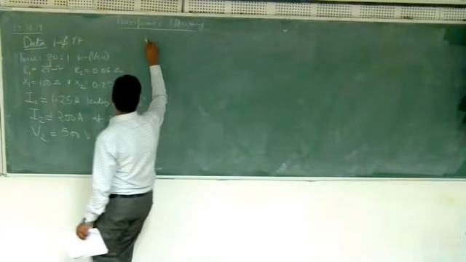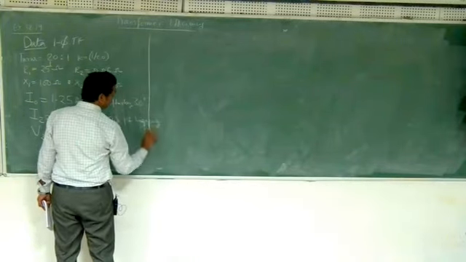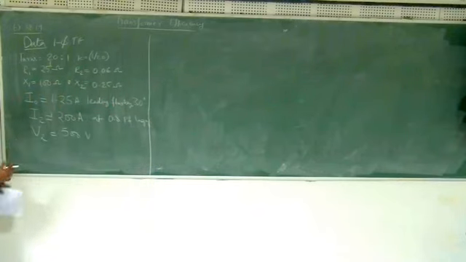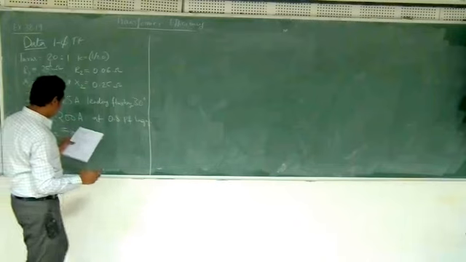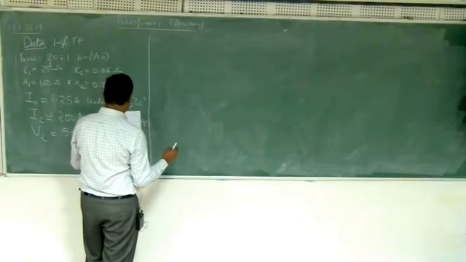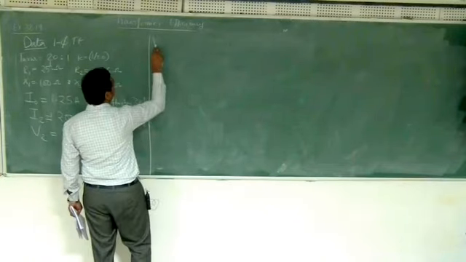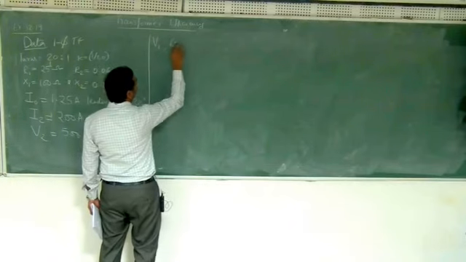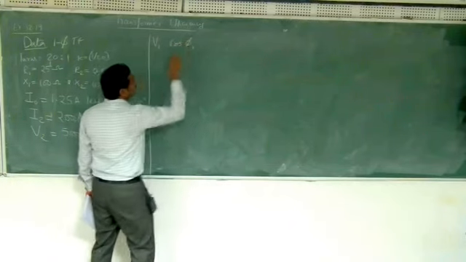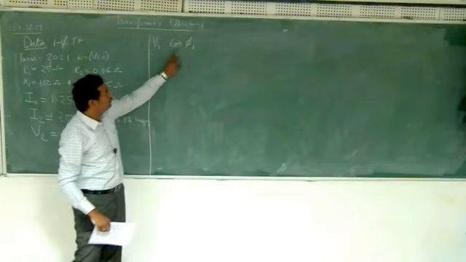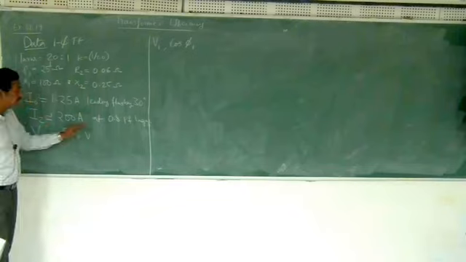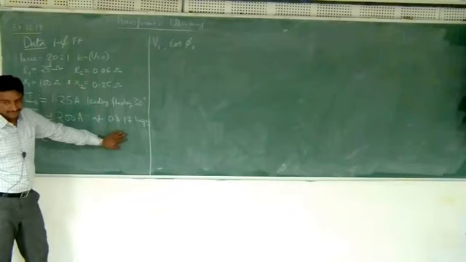Based on this data, you will have to work out what you have to find out. So let me write it down. What we have to find out is V1, the primary voltage, and cos phi1. What is cos phi1? Power factor of the primary side. Power factor of the secondary side we know, 0.8 lagging.